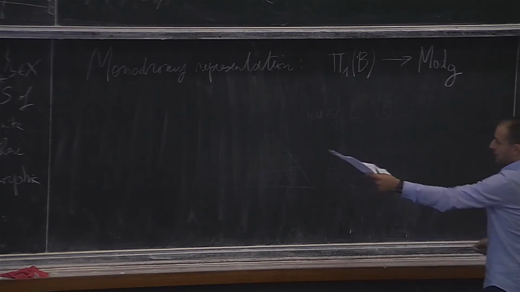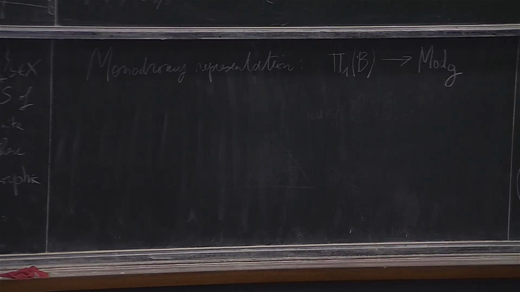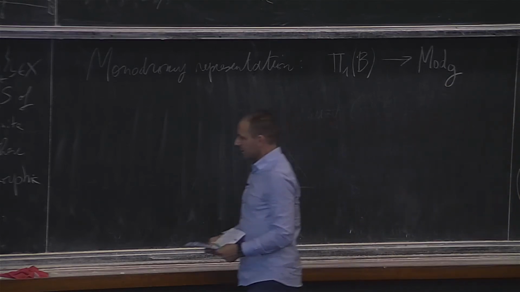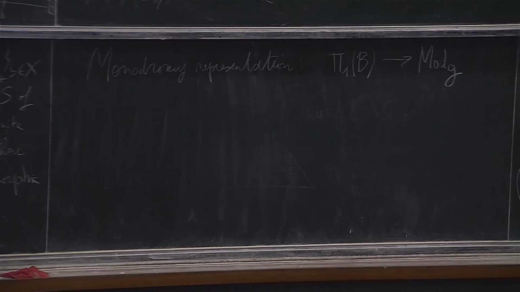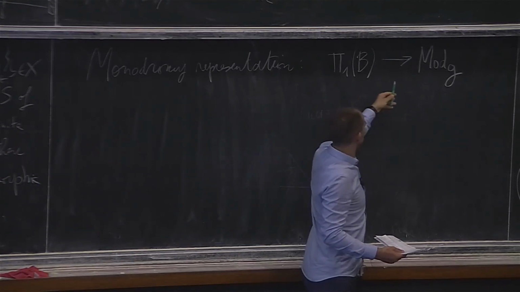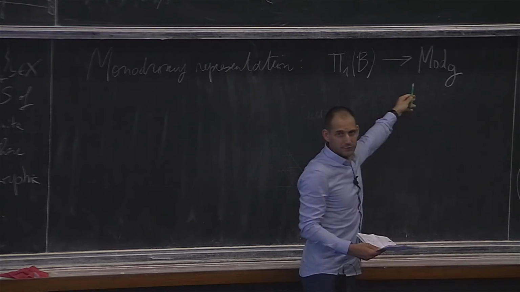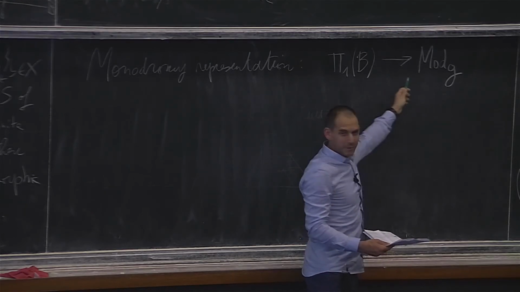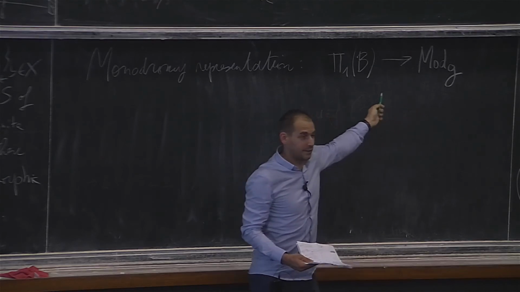Here we have a genus g holomorphic family of curves, so to the modular group of genus g. And in fact, what we are going to see is that for a truly holomorphic family of curves, this representation is very rich.